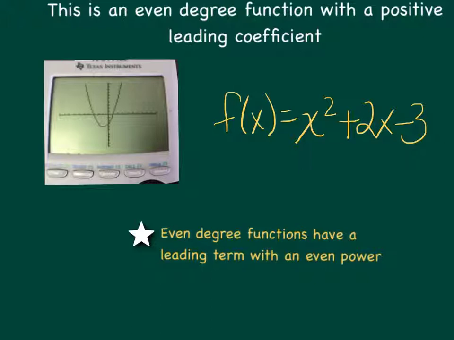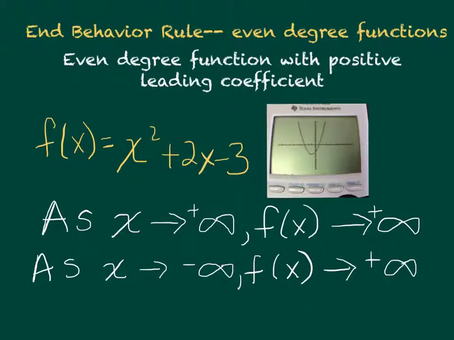Now, when we're talking about end behavior, we're concerned with where the function is going, less where the zeros are. Where this function is going is positive in both directions. As the input increases, the function is increasing, which means that as x goes to positive infinity, the function goes to positive infinity.